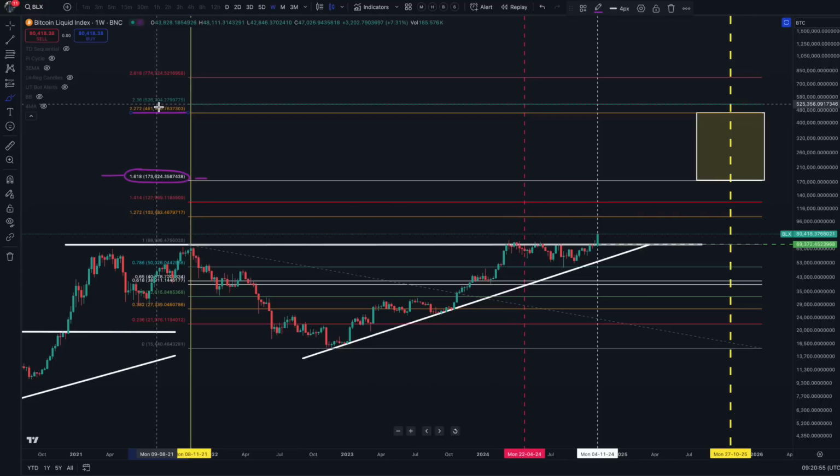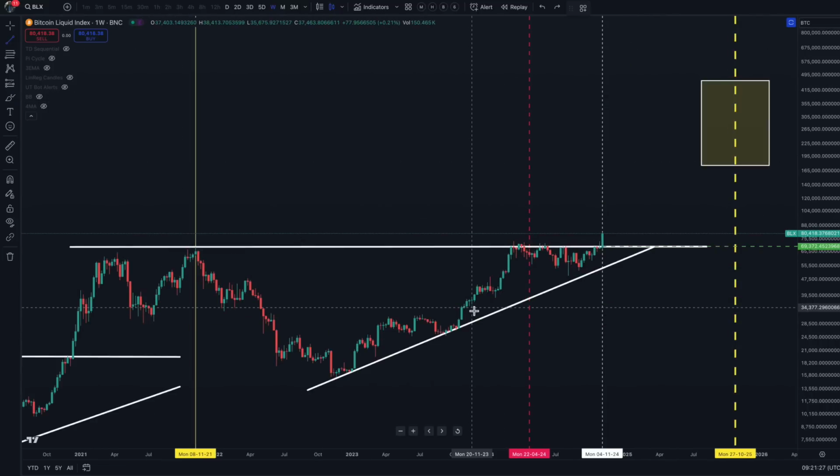But there's one other measure that I'd like to do, which I've done in the past, but it's also quite accurate. We also know that that is a very good measure of finding a target for the end of this bull market. And that is the 1-to-1 extension.